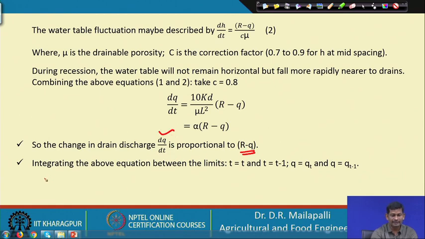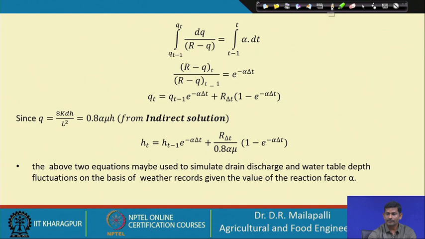Integrating the above equation between t minus 1 and t, that is Q t minus 1 and Q t, we get the integral of dq by R minus Q equal to alpha into dt. So, R minus Q t by R minus Q t minus 1 is the exponential of minus alpha into dt.